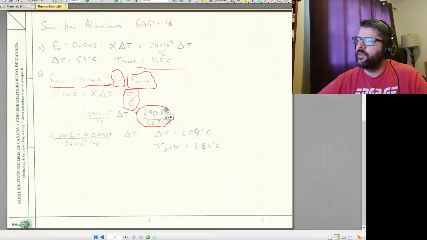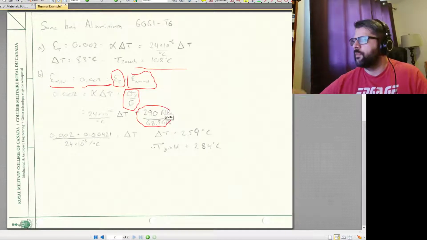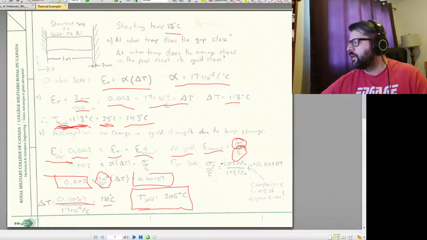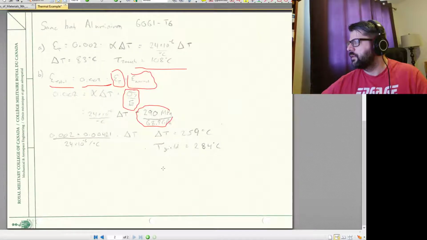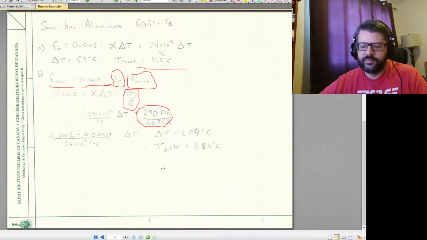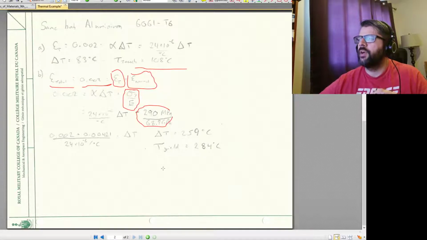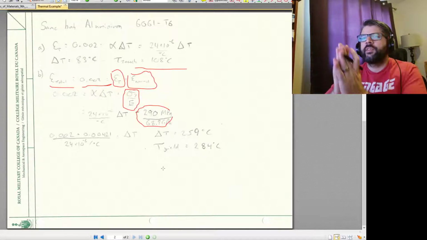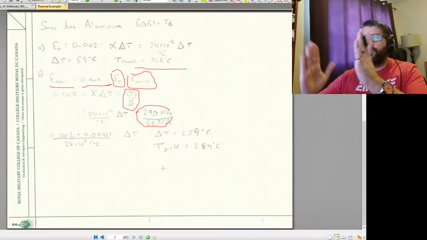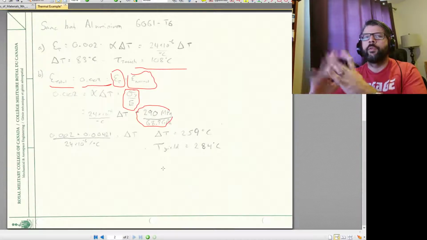So essentially what we're saying here is that the yield stress for the material is kind of on par with the steel, but the Young's modulus is a lot lower than for the steel. So basically, it stretches a lot more before it starts to yield.